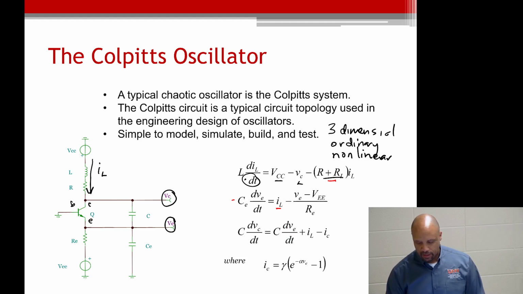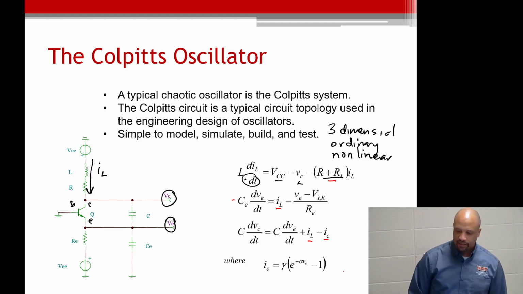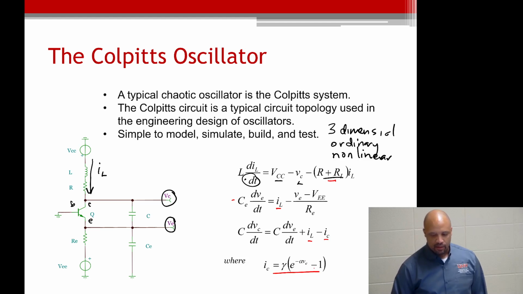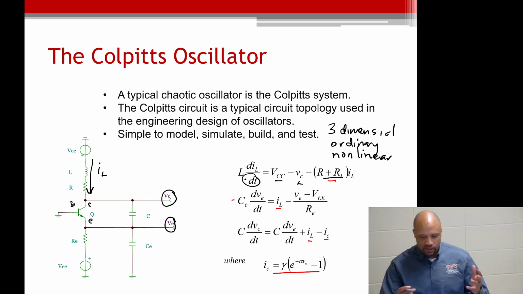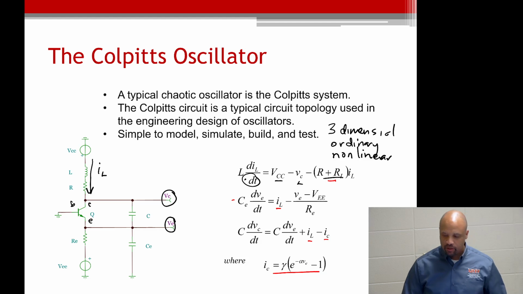This dV dt is the same as the one up here, and so it's also a current, as well as this and I sub c, which is described by that expression right here. So that's what this is. So this is all a set of equations balanced together to tell you what's going on.